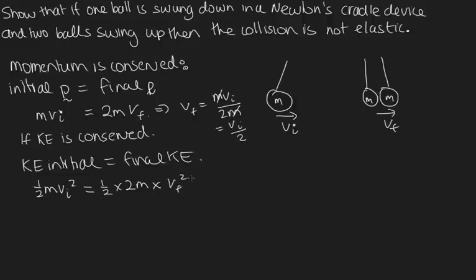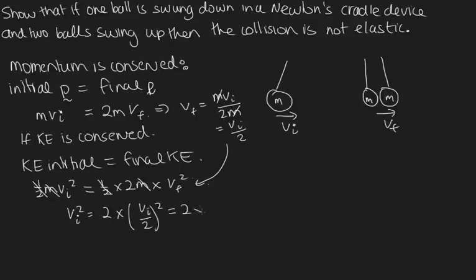Now what we're going to do is replace the vf here with this expression and see what we get. First of all, note that the halves on either side of the equation cancel and the m's cancel as well. So we've got vi squared is equal to 2 times vf squared, which is vi on 2 all squared.